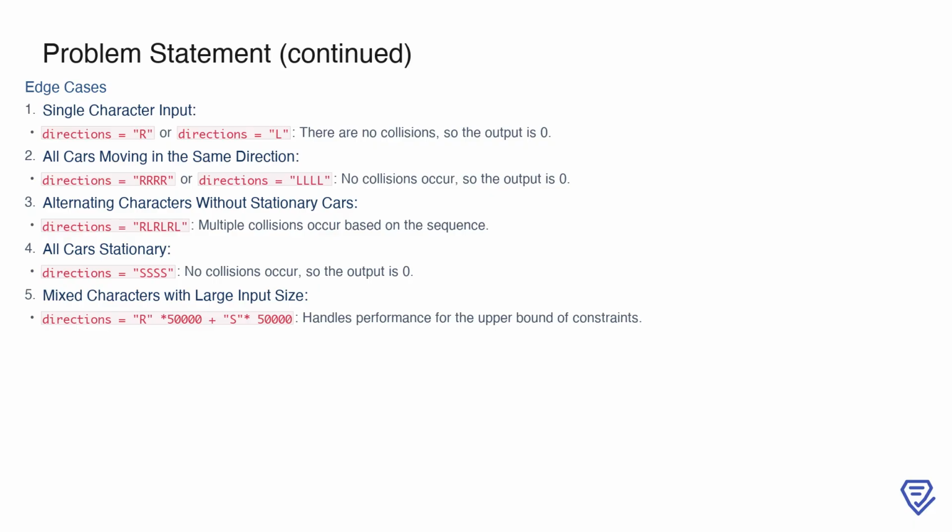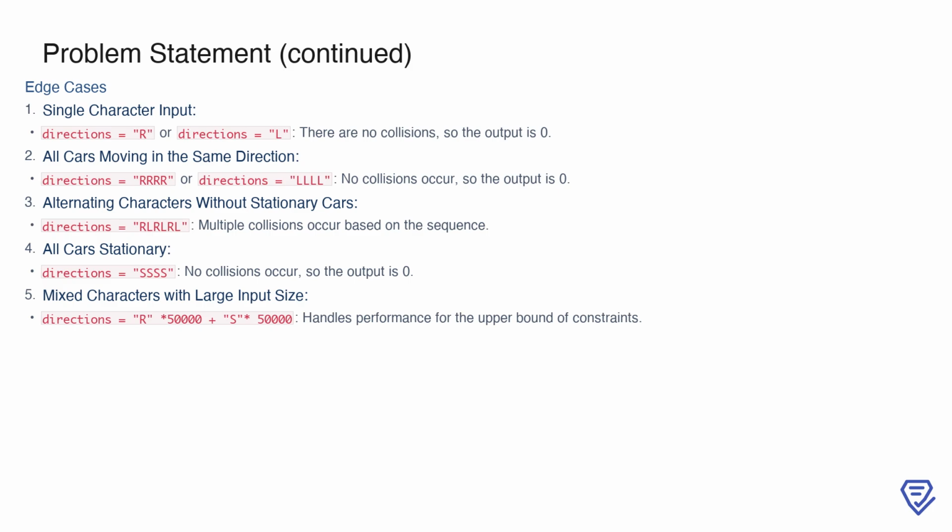Finally, let's consider some edge cases to ensure our solution handles all scenarios. If the input string contains only a single character, such as R or L, no collisions are possible, and the output is 0. Similarly, if all cars are moving in the same direction, like RRRR or LLLL, there will be no collisions. For alternating patterns like RLRLRL, multiple collisions can occur depending on the sequence.